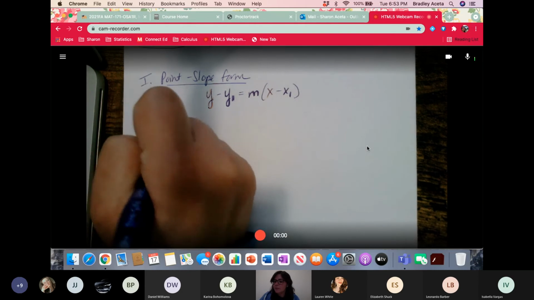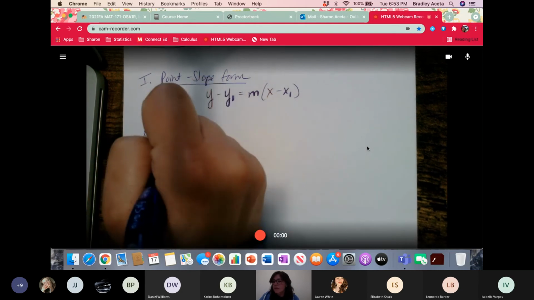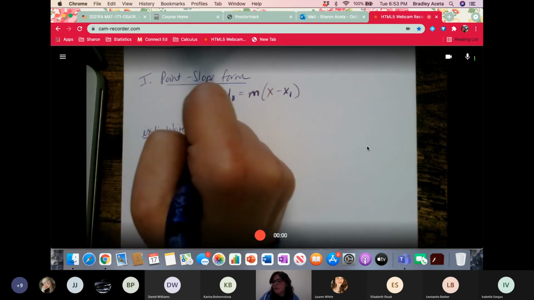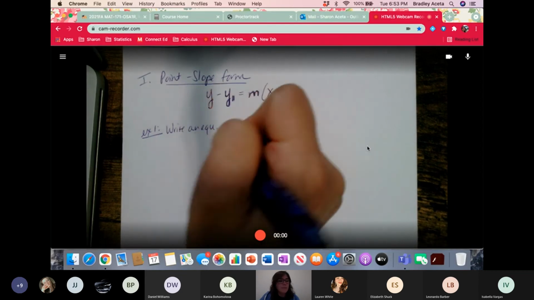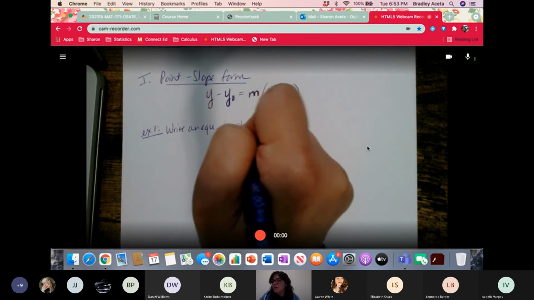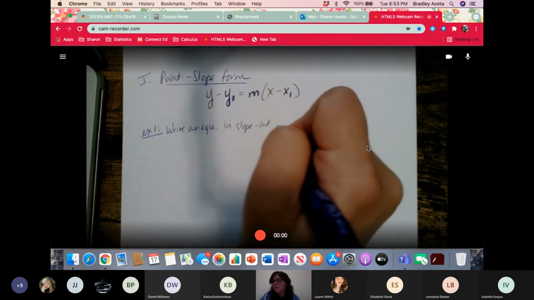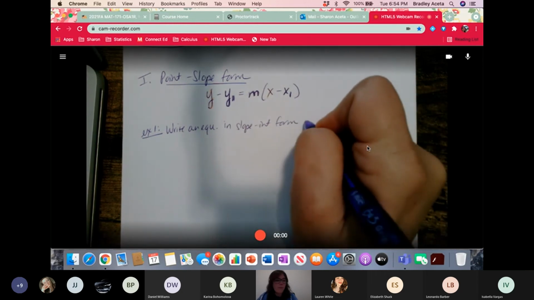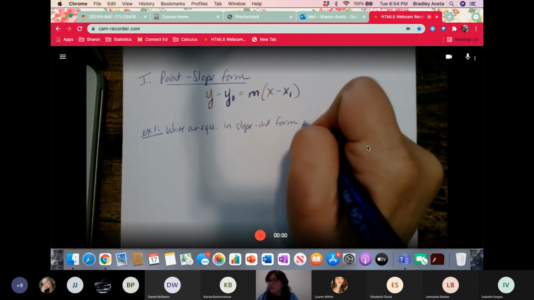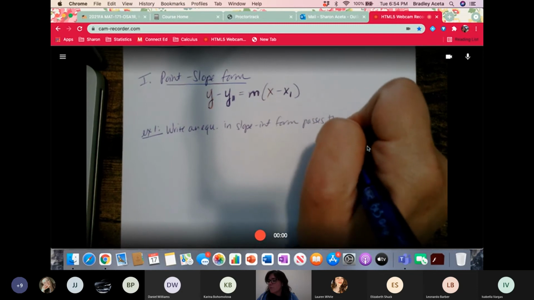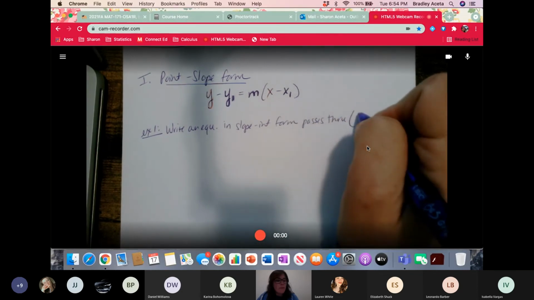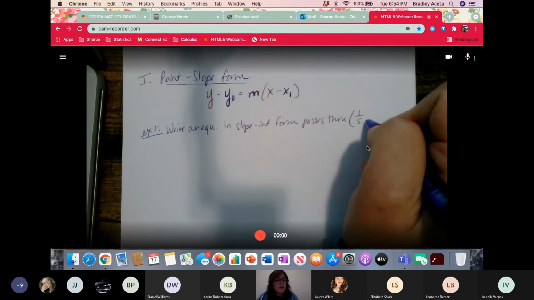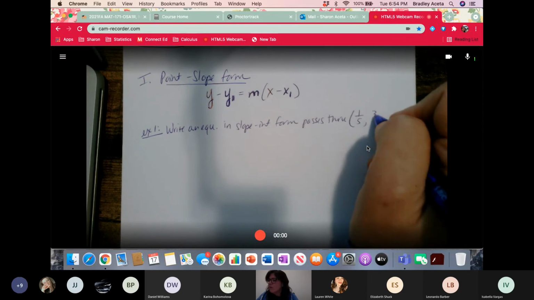So example 1, this section will say write an equation in slope intercept form. Don't freak out by that just yet. That passes through 1/5, 3/4.